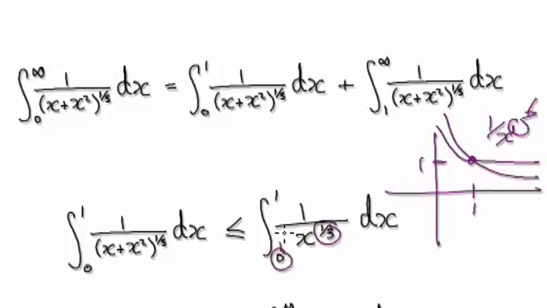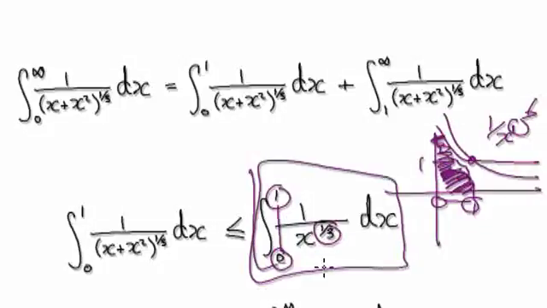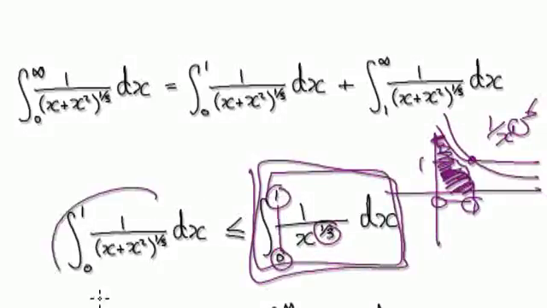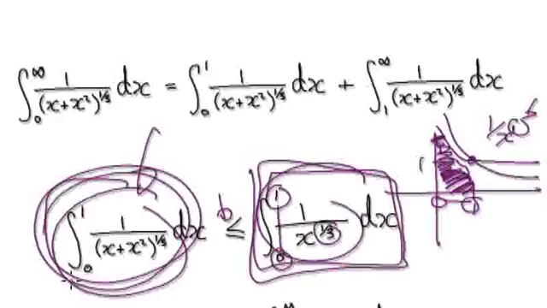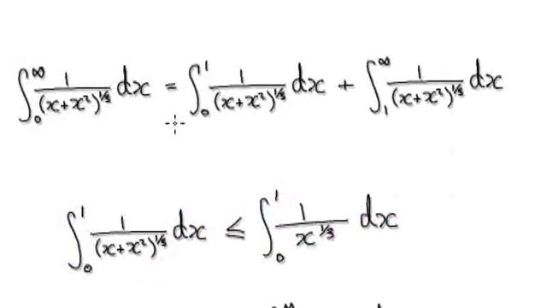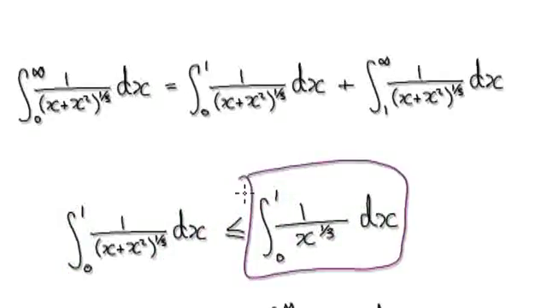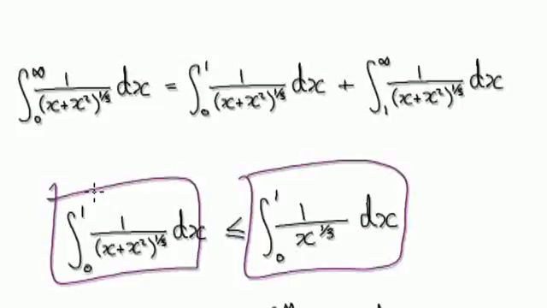Now the integral from 0 to 1, well, this is going to converge. So because this is going to converge, and this is equal to or smaller than that, this will have no choice but to converge. If this converges, this must converge.